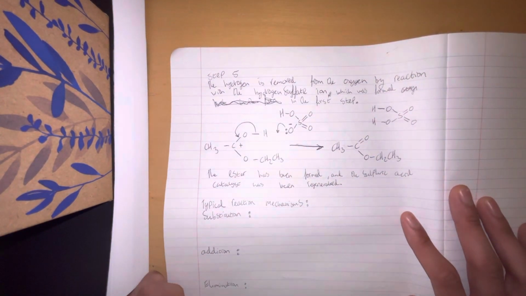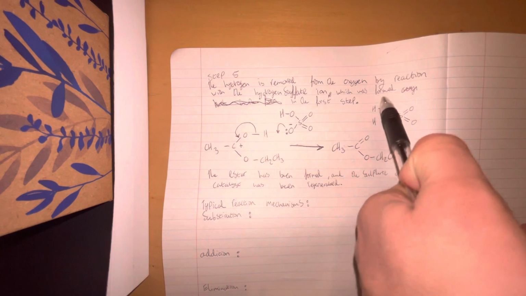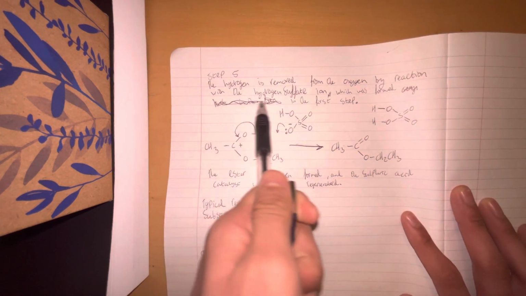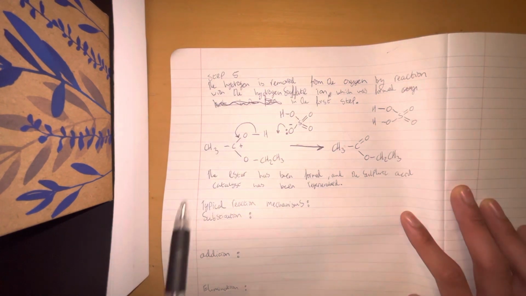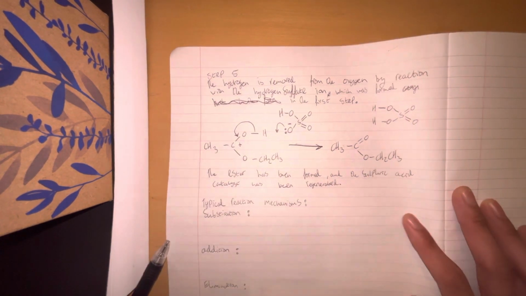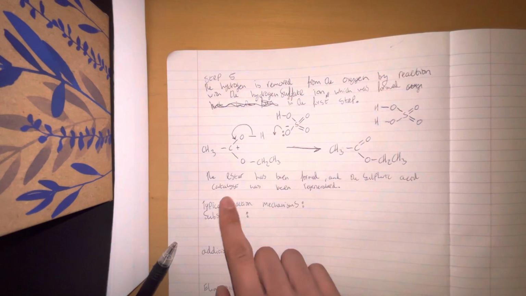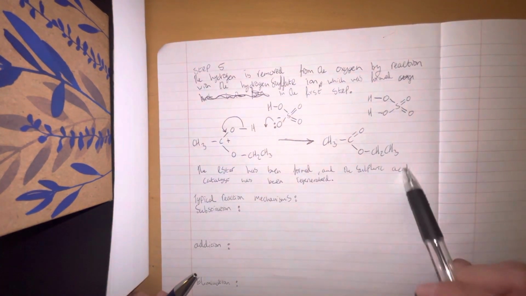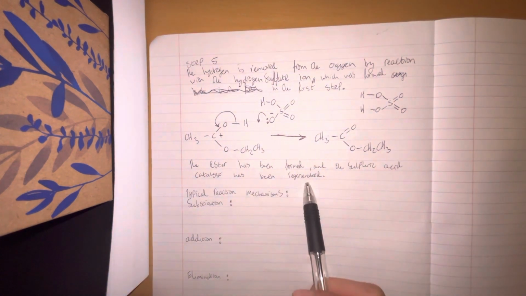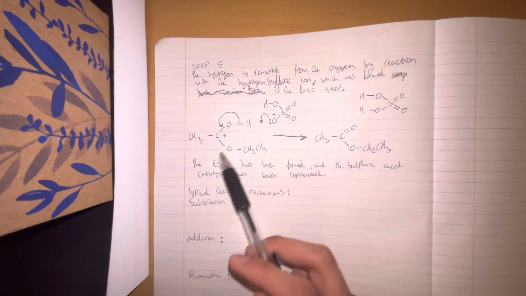Step 5. The hydrogen is removed from the oxygen by reaction with the hydrogen sulfate ion, which was formed in the first step. Okay. The ester has been formed and the sulfuric acid catalyst has been regenerated.